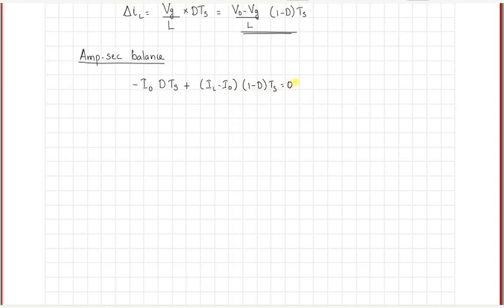This should be equal to 0, and again Ts cancels out. Here you have a minus I0 times d, and if you expand the bracket you get a minus I0 times (1 minus d). So this is basically minus I0 plus IL into (1 minus d) equal to 0, which gives you the relation I0 is equal to IL times (1 minus d).